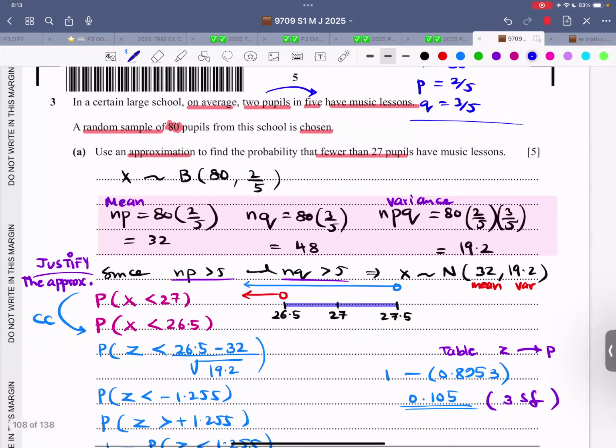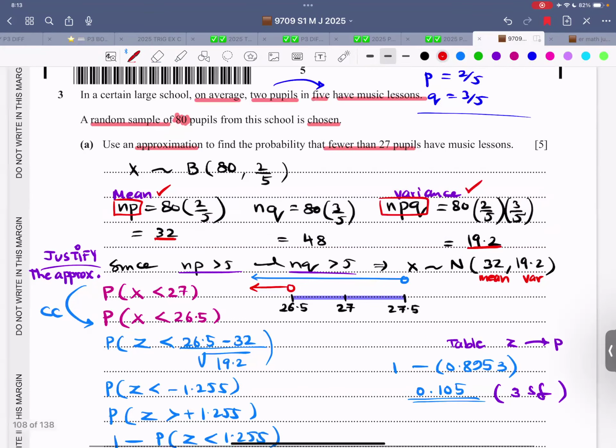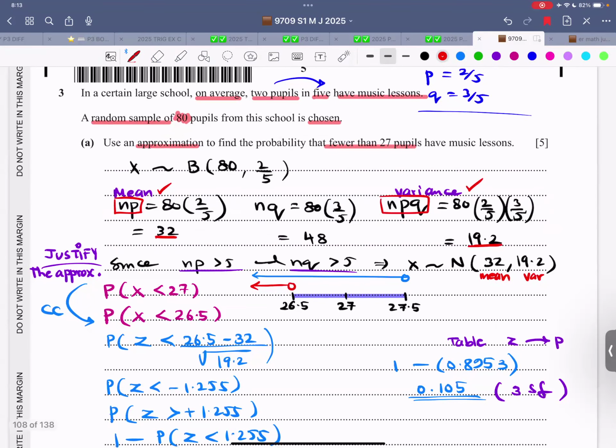The first thing that you need to calculate is NP. So we calculate NP, that comes out to be 32. We calculate NPQ, that comes out to be 19.2. So NP is the mean, NPQ is the variance. And you should always justify the approximation.